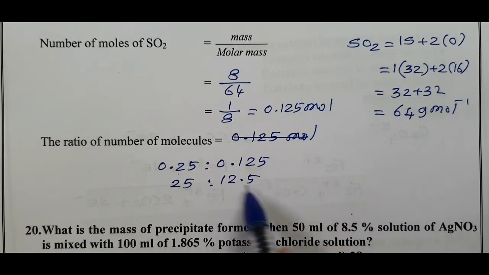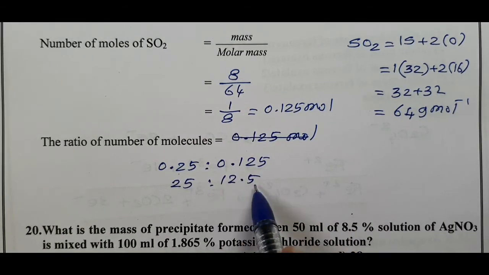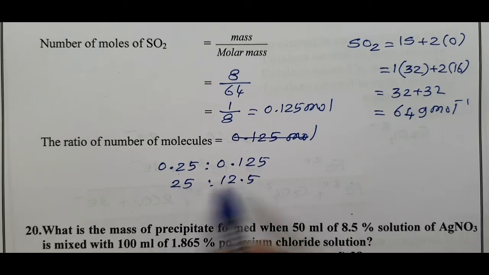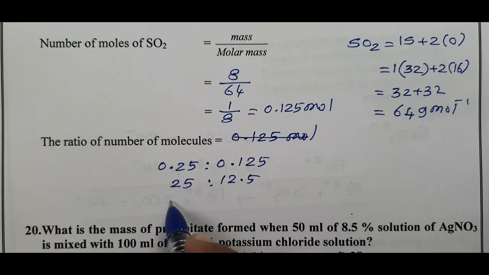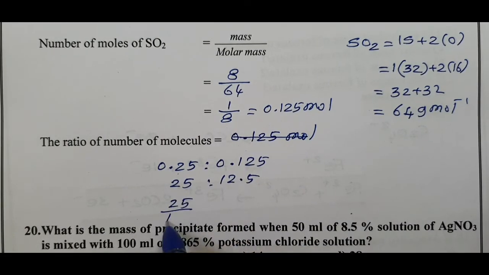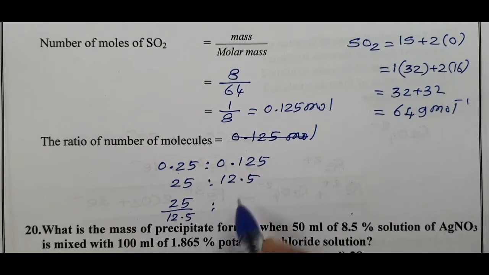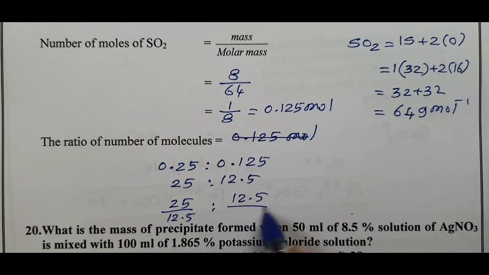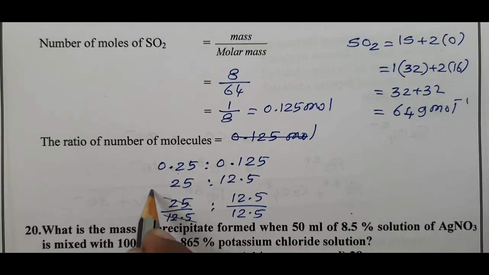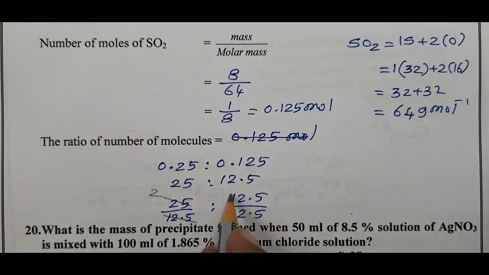The lowest value is 12.5. Divide both the numbers by 12.5, you will get 25 by 12.5 is to 12.5 by 12.5. 1 12.5, 2 12.5s are 25, and 12.5, 12.5 get cancelled, equal to 1.